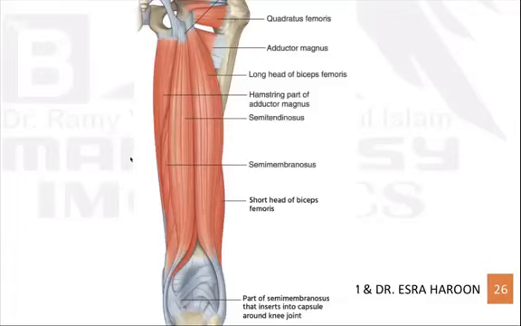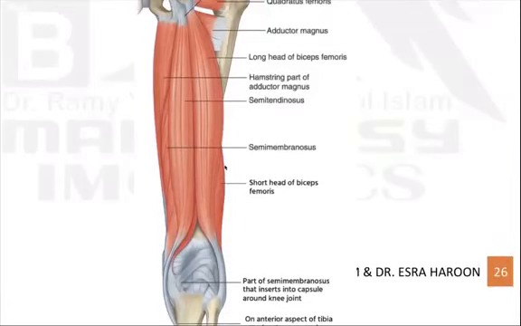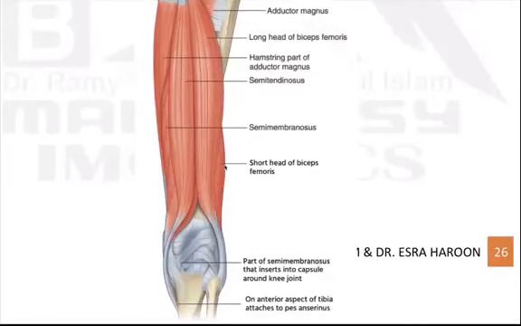Yes, sir, clear. Okay. Let's talk about the insertion then. So on the medial side, you have the semimembranosus and the semitendinosus. And on the lateral aspect, you have the long head and the short head of the biceps, right?